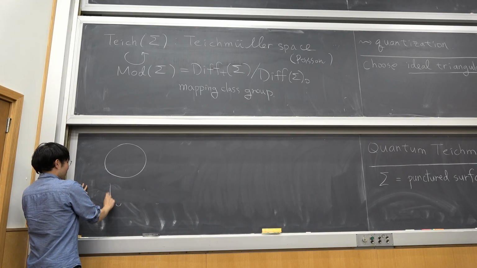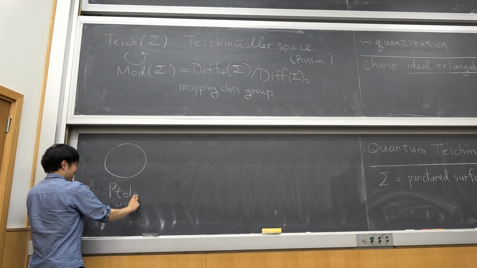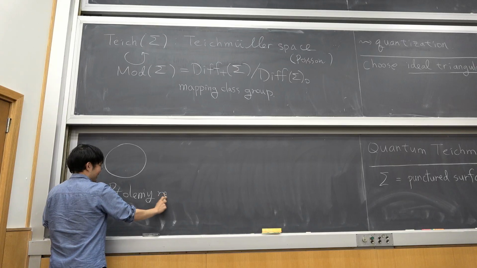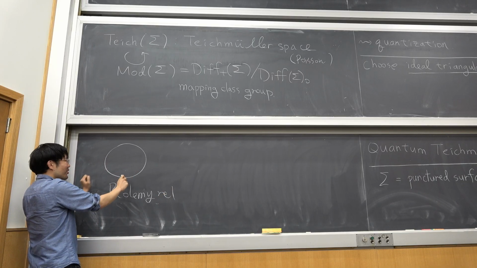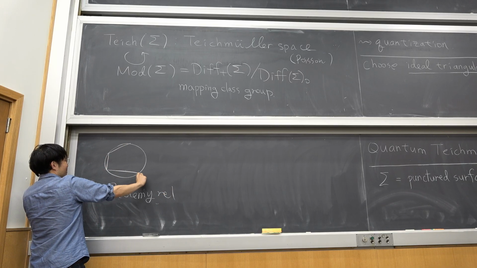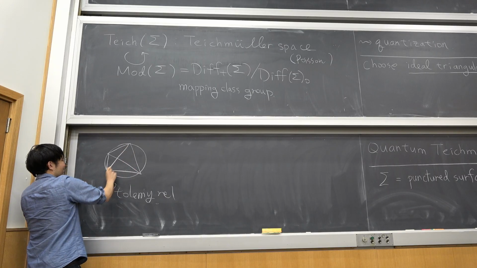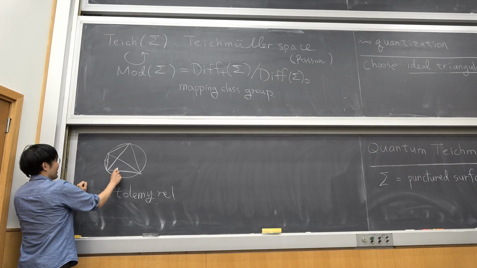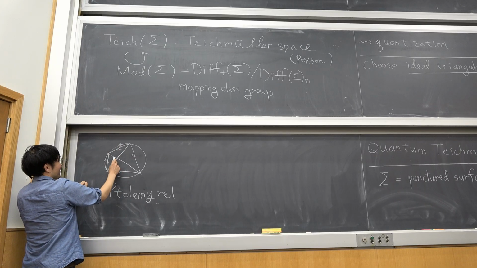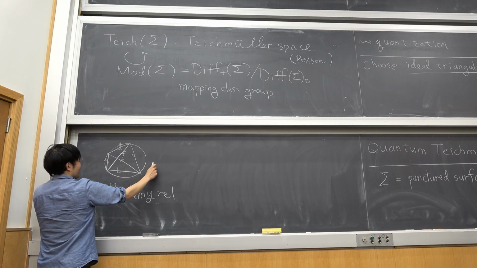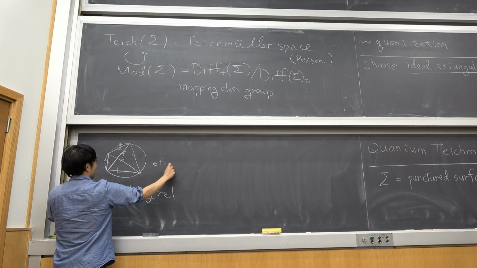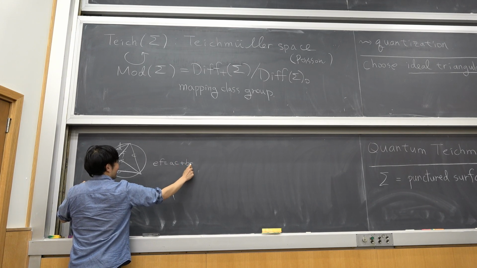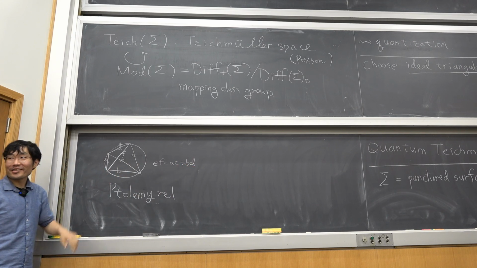So this is the classical Ptolemy relation, I guess, for a Euclidean circle inscribed quadrilateral, and these are the lengths. This is the usual Ptolemy relation.